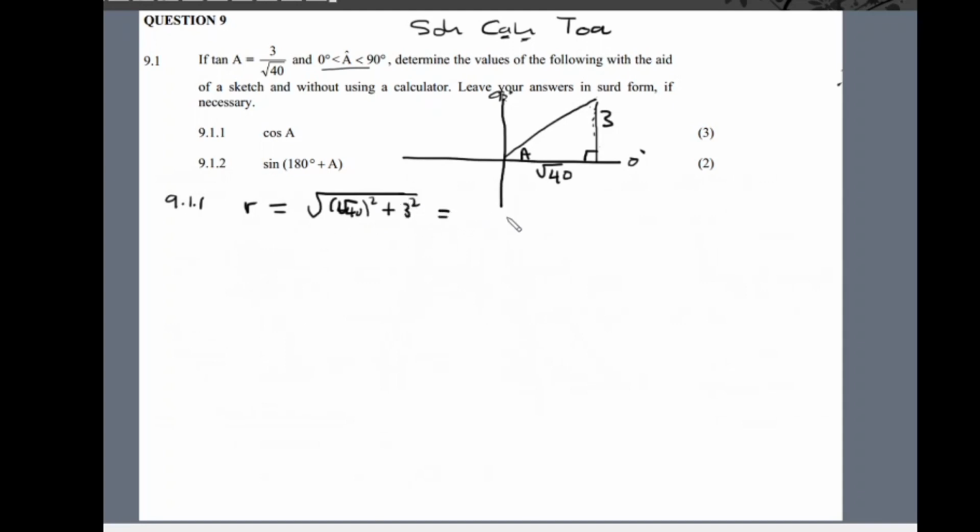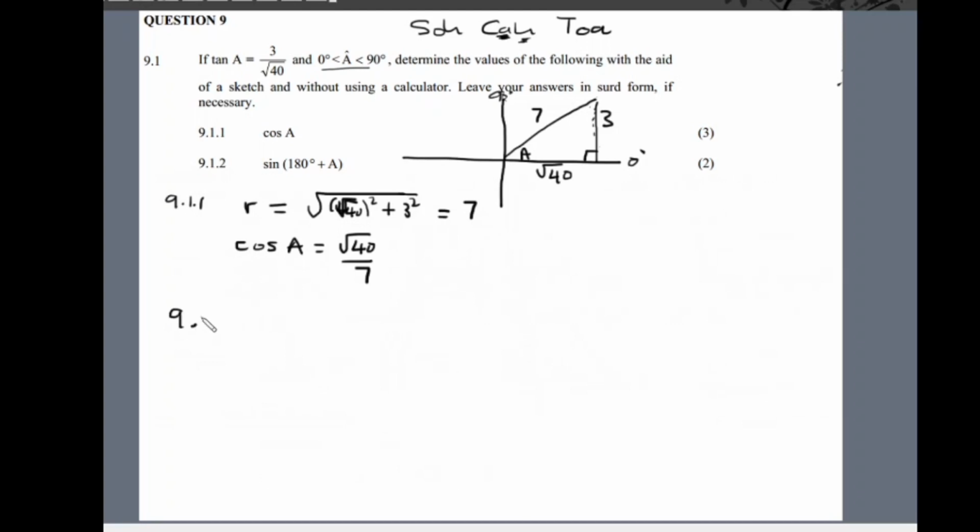So from your calculator, it will be equal to 7. Now our hypotenuse is 7, and from SOHCAHTOA we see that cos is adjacent divided by the hypotenuse, the adjacent side being the square root of 40 and the hypotenuse being 7, right?